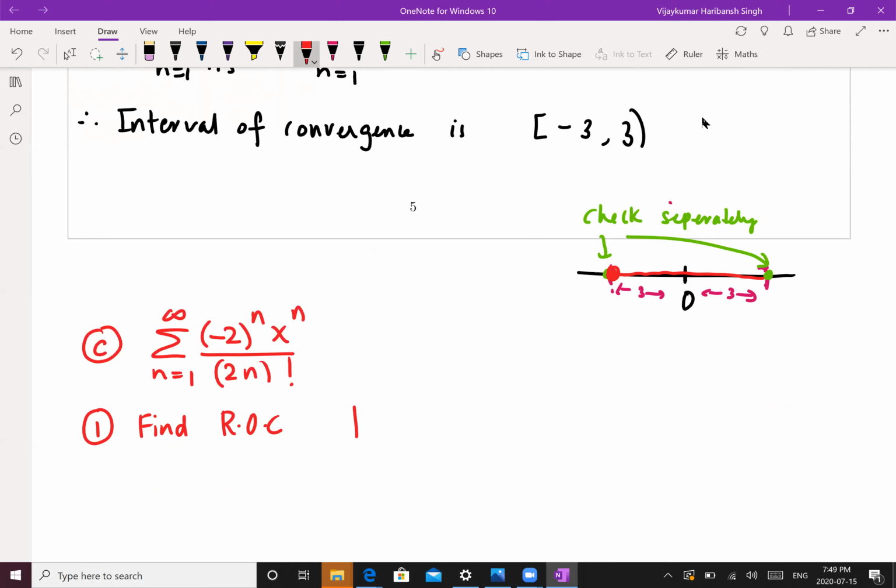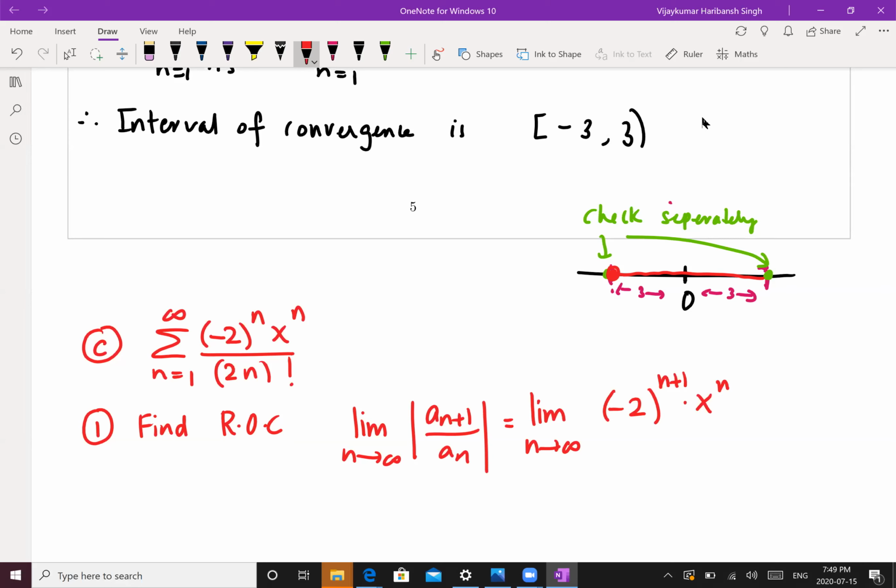So for that, we have to compute the limit as n goes to infinity of a n plus 1 divided by a n, which is the limit as n goes to infinity of minus 2 to the power n plus 1 times x to the power n plus 1 divided by 2n plus 1 whole factorial, times 2n factorial over minus 2 to the power n x to the power n.